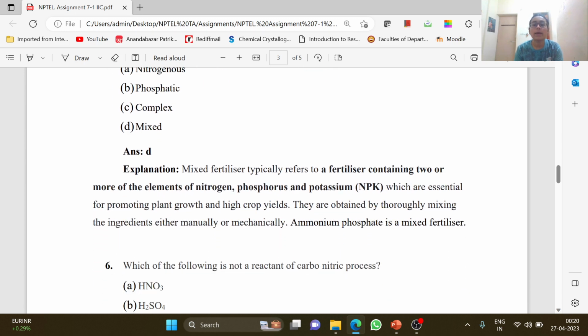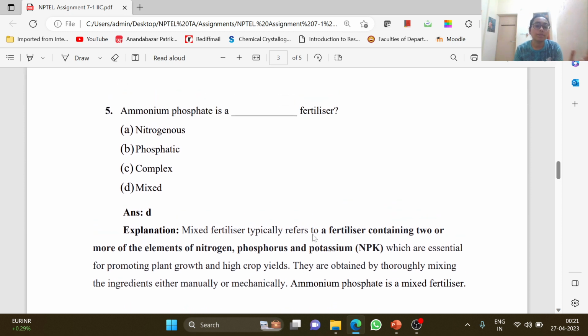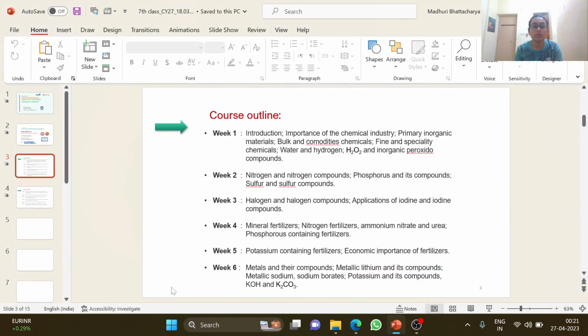These are obtained by thoroughly mixing the ingredients either manually or mechanically. So here ammonium phosphate is a mixed fertilizer. This is obtained by the reaction of orthophosphoric acid and ammonia, a simple acid base reaction.